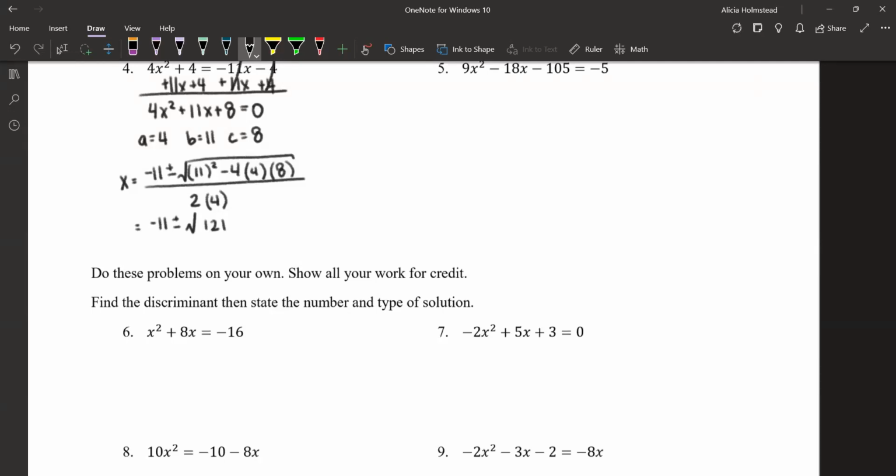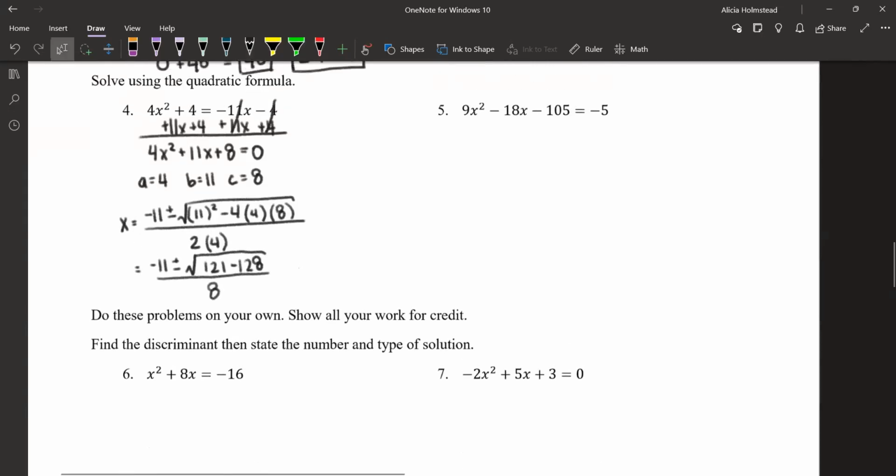I might not need to, but I'm going to. -4 times 4 times 8 is -128, all over 8. Simplifying further, we get negative 11 plus or minus the square root. 121 subtract 128 is negative 7 divided by 8.